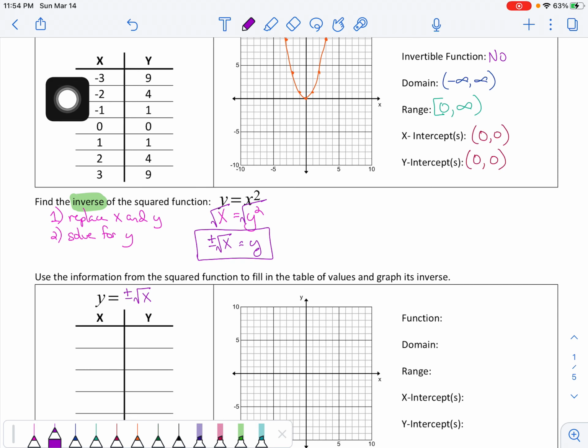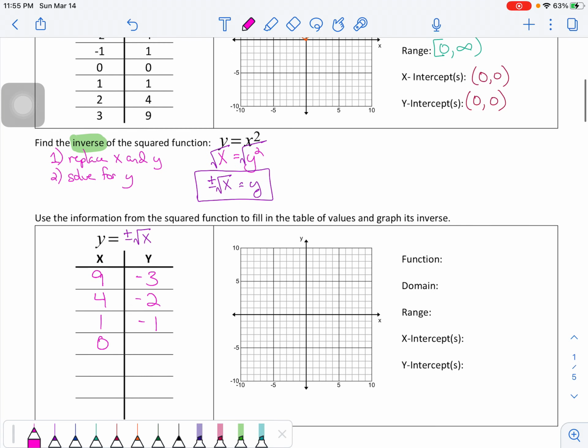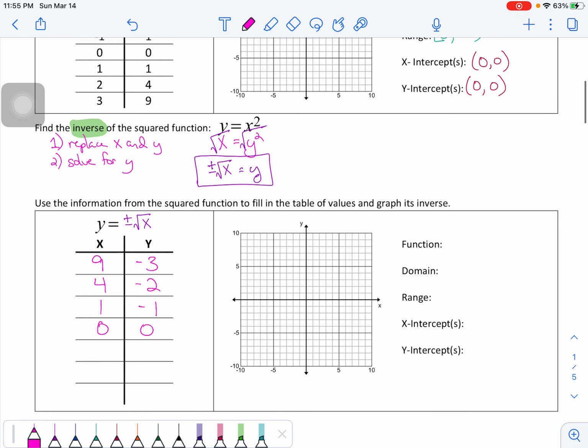Make the x value be y, make the y value be x. So x is 9, y is -3. X is 4, y is -2, x is 1, y is -1. 0, 0 is pretty easy to invert. 1, 1, 4, 2, and 3, 9.